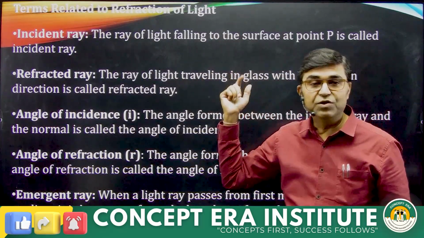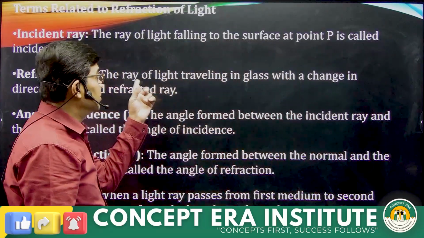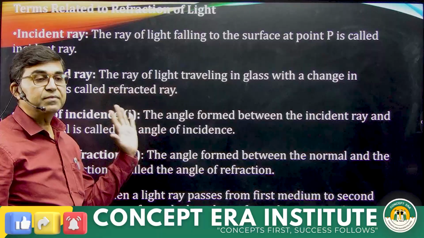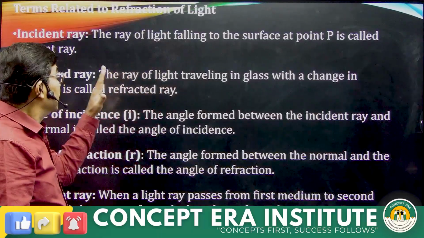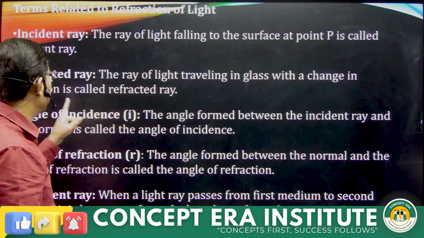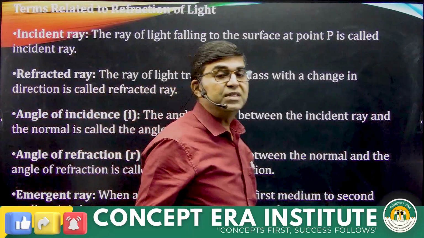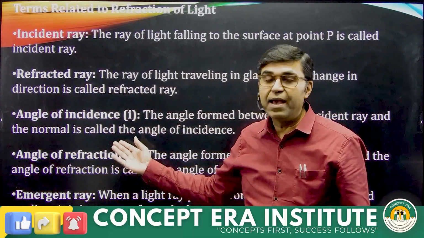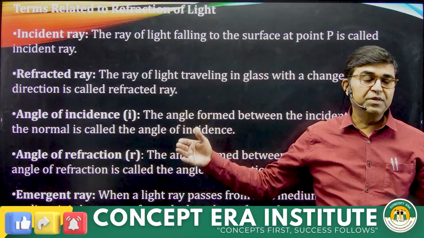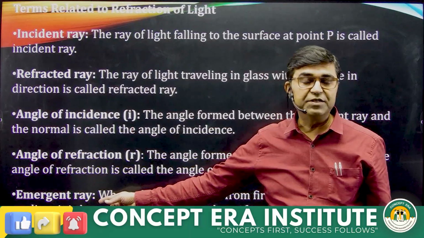Just like we drew the normal in case of reflection of light, here also we are drawing a normal. Now, the angle of the incident ray with the normal is the angle of incidence, and the angle of the refracted ray with the normal is the angle of refraction. And if the light is coming out from the second medium, that is known as the angle of emergence.